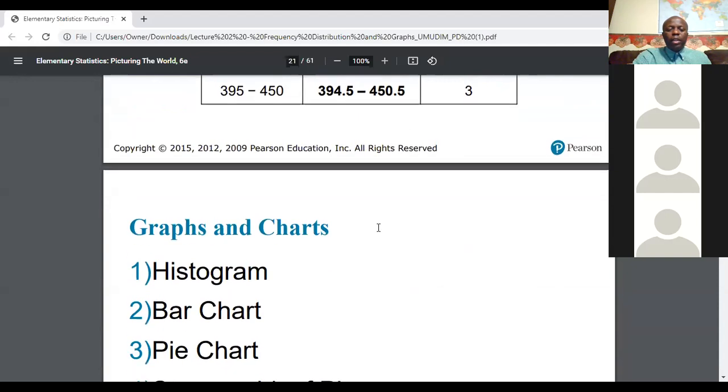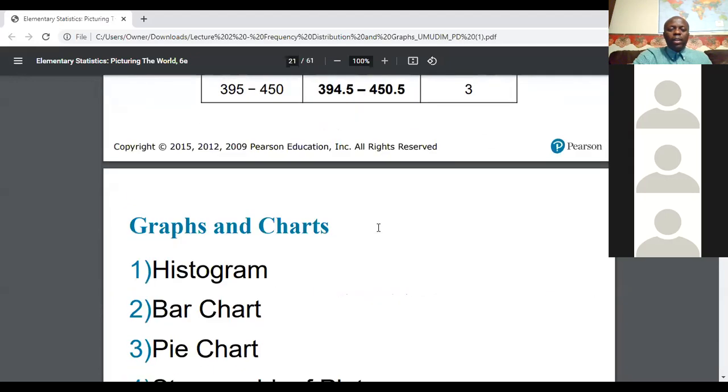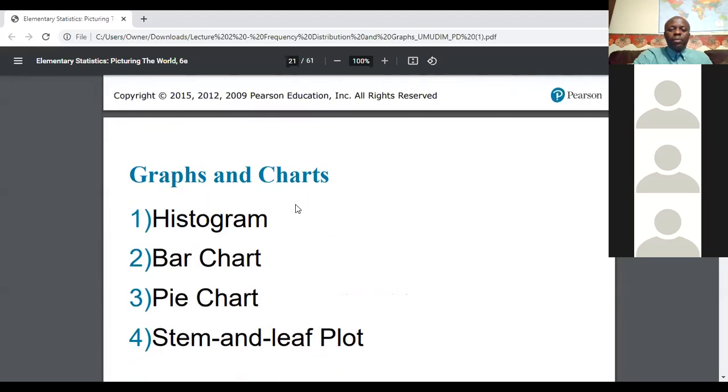You're welcome. Now, let's look at other graphs we discuss here. We have done histogram already. Let's look at bar charts, pie charts, and stem and leaf plots.